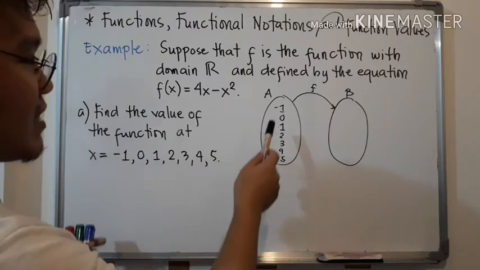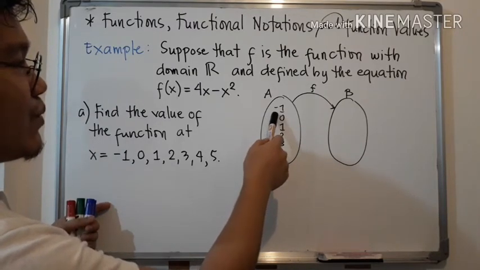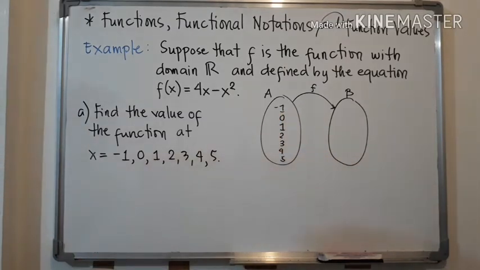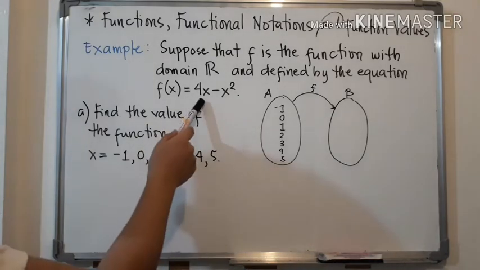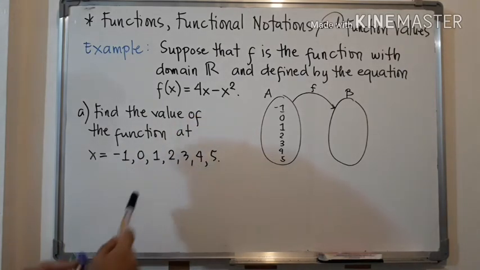Now, if x is negative 1, what is the function value at x equals negative 1? So, yung gagawin natin dito is we are going to evaluate the function 4x minus x squared at these values of x.